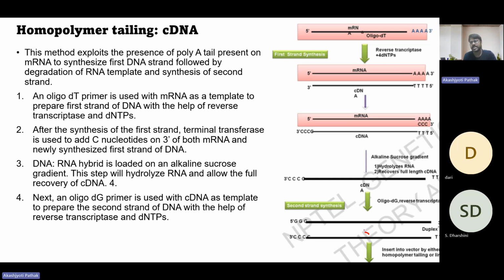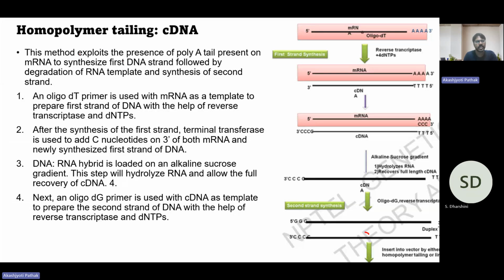And then once this cDNA is obtained, you insert it into a vector, and then you grow the host cell. So basically, homopolymer tailing exploits the presence of the poly A tail on the mRNA to synthesize the first DNA strand, followed by degradation of the RNA template and synthesis of the second DNA strand.